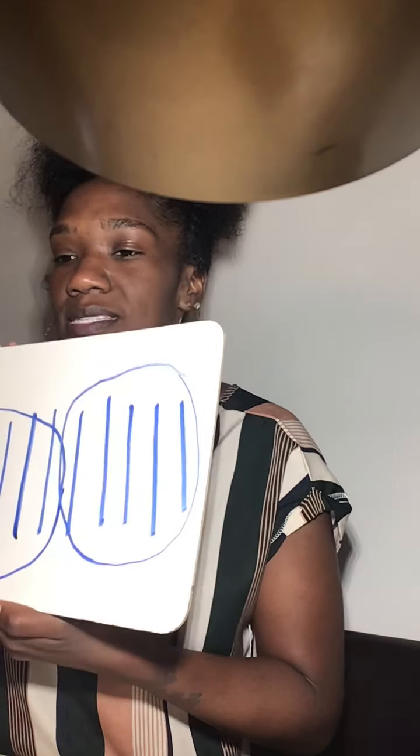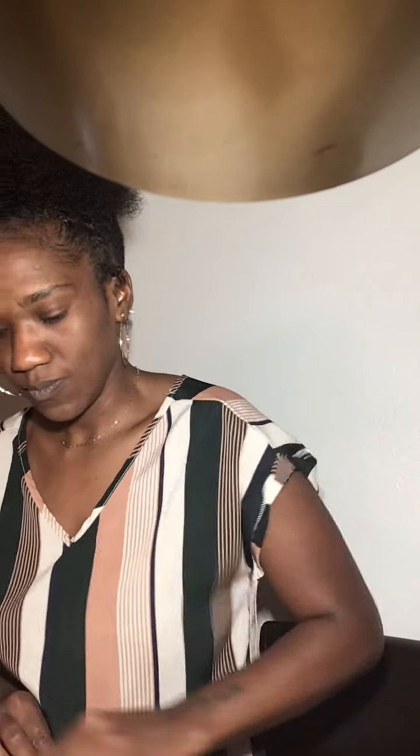But again, guys, this is not how we leave this. So I'm going to show you. So listen up, because this part is very important. So when you're counting tally marks, when you get to the 5th one, it crosses over.